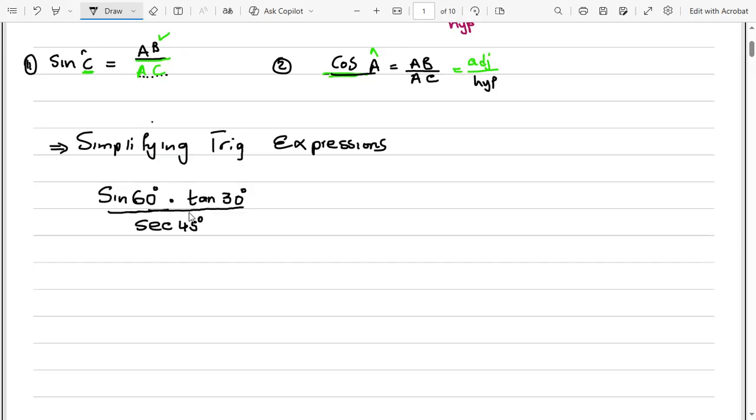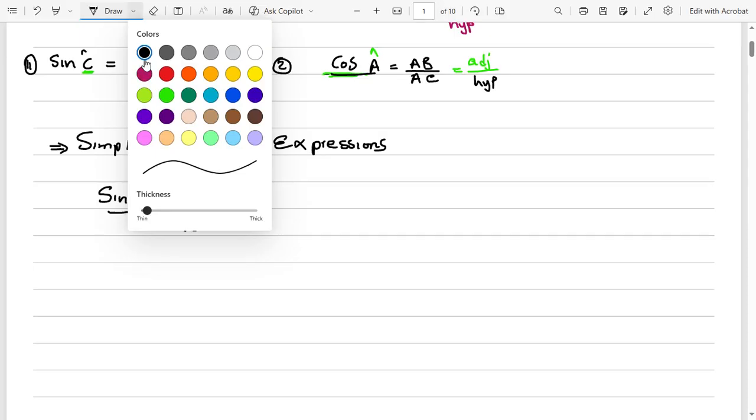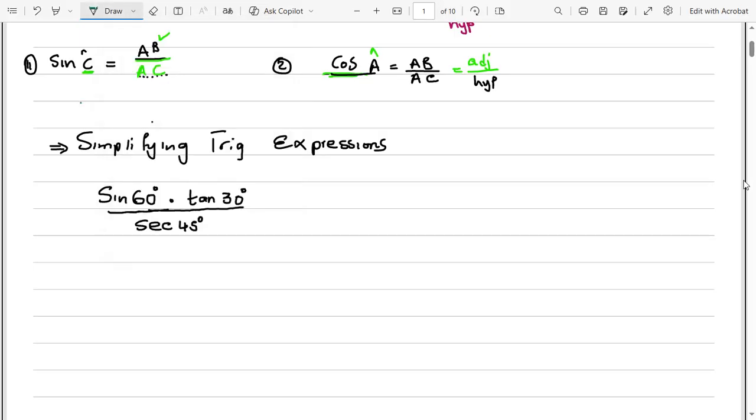Before we go into this, we need to understand how the reciprocals work. How do we do the reciprocals? You still remember the reciprocals? So let's quickly write the reciprocals down here.